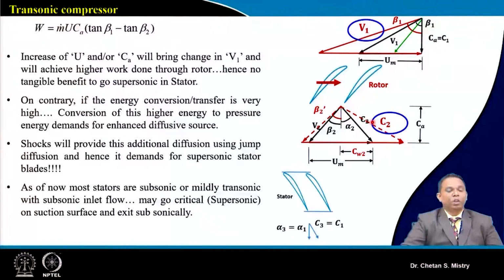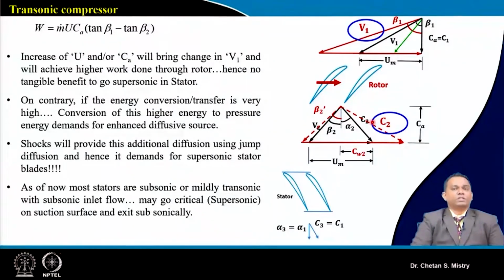Now, as we have discussed, we are expecting our work done to be larger. When we expect our work done to be larger, one option we have opted for is increasing the rotational speed. When we are increasing our rotational speed, my flow will be going supersonic at the entry.